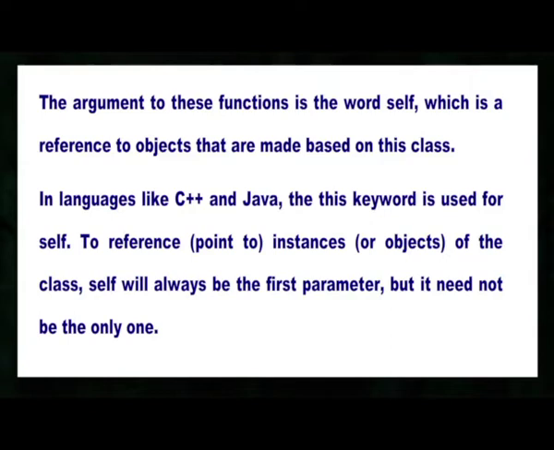In languages like C++ and Java, the keyword this is used, like self, to reference, that is point to, instances or objects of the class. Self will always be the first parameter, but it need not be the only one.